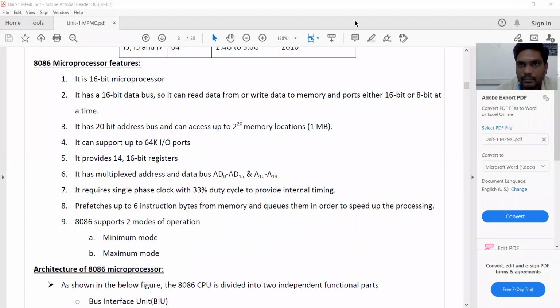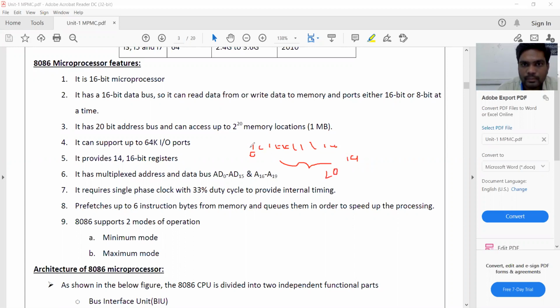Let us say a 20-bit size means, for example, 1010011100. So in this way we can have bits 0 to 19, which forms 20 bits.